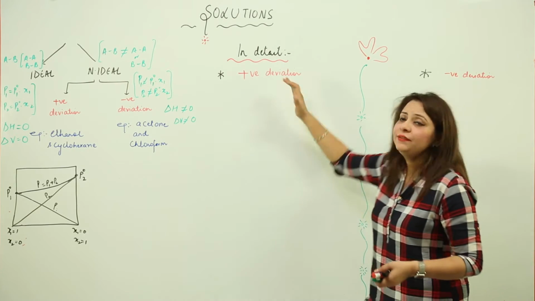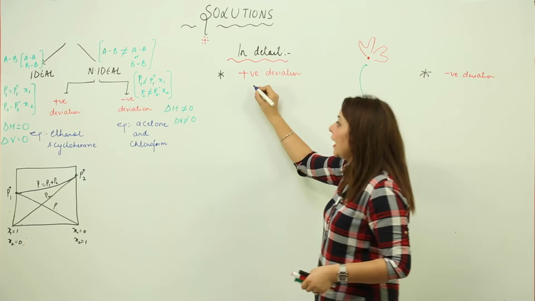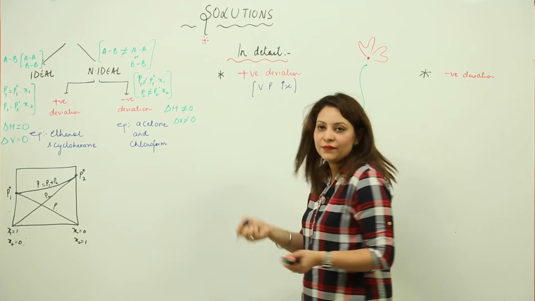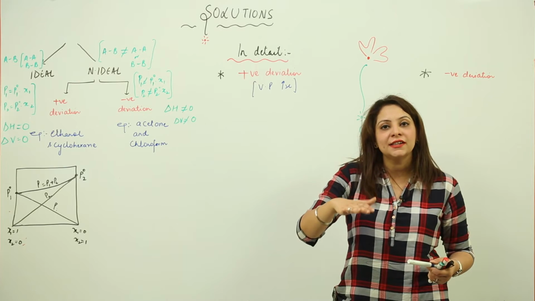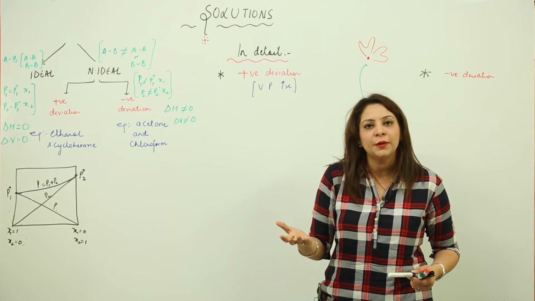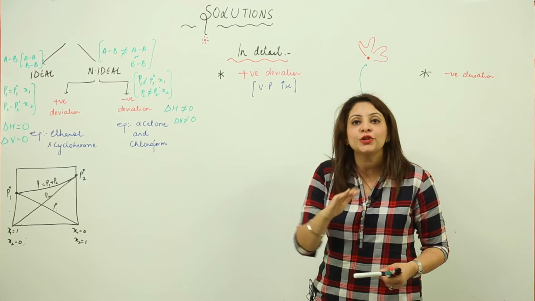Now, positive deviation. When I say positive deviation, it should be clear in your mind that in this case the vapor pressure is obviously going to increase, right. Positive deviation means that the pressure exerted is somehow more than the product of the pressure of the pure solvent into the mole fraction, right. So the vapor pressure of the solution is increasing.